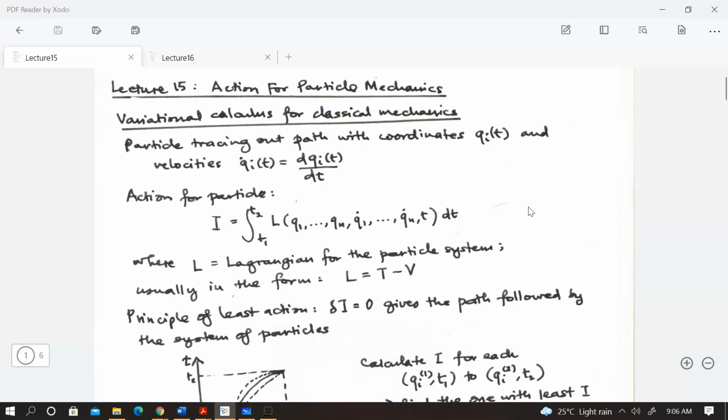The idea is to think of your particle having positions, with i running from 1 to 3 here. I'm using the same notation that you have probably seen. Your qi here is what we call the generalized coordinate.